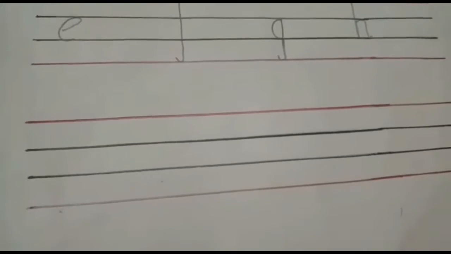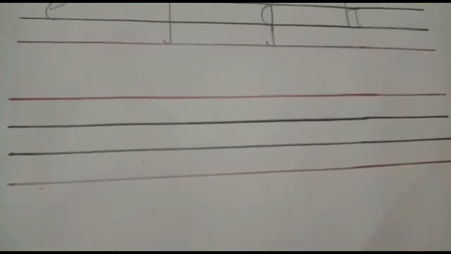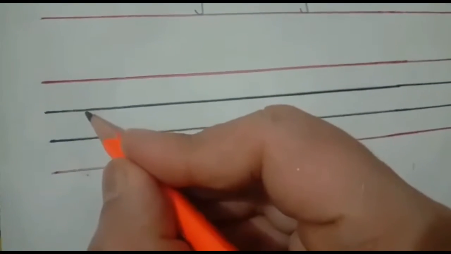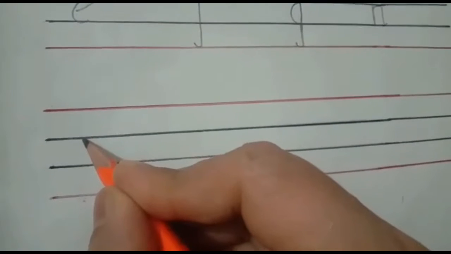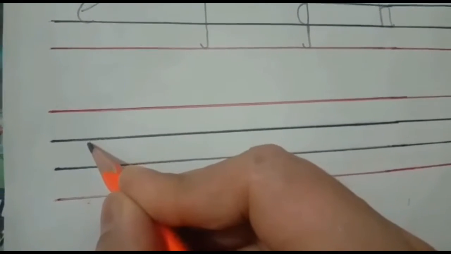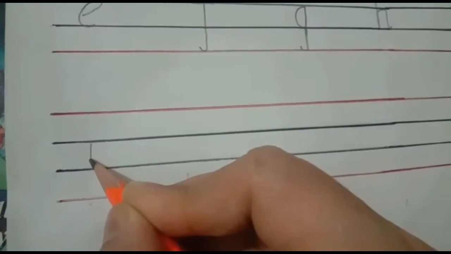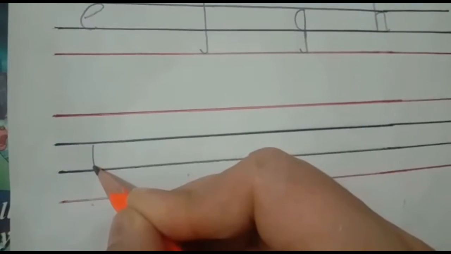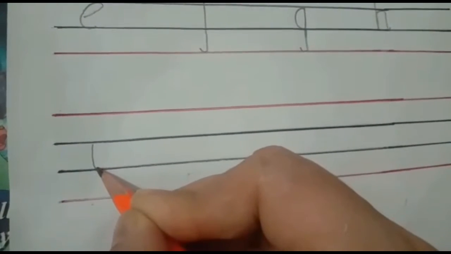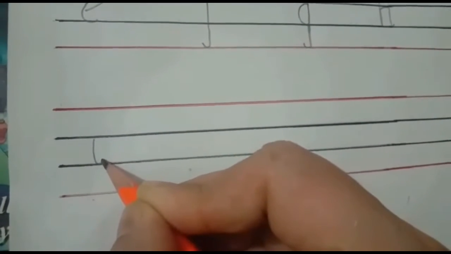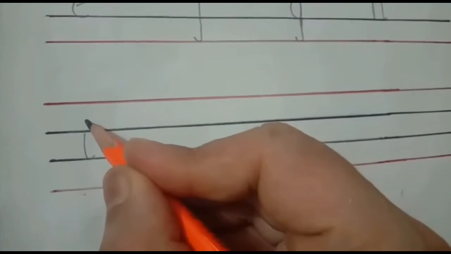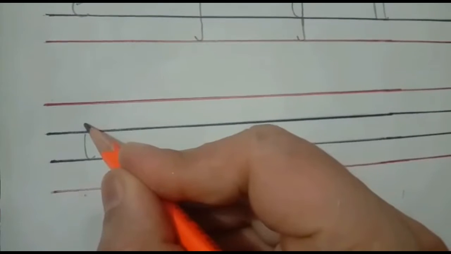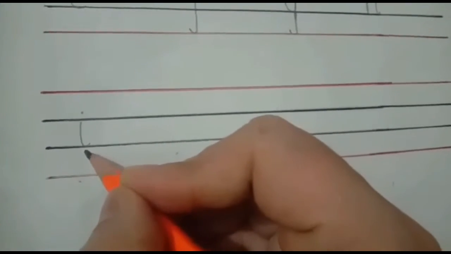Okay, now I will write the next letter in front of you. What comes after letter H? Yes, letter I. For small i, I will start from the middle line. First I will make a straight line like this, and here I will make a little loop with it. And I will put a small dot on this letter.